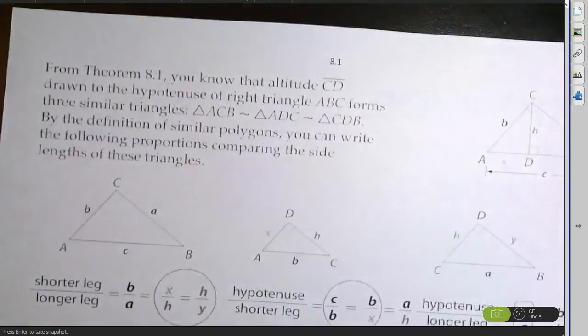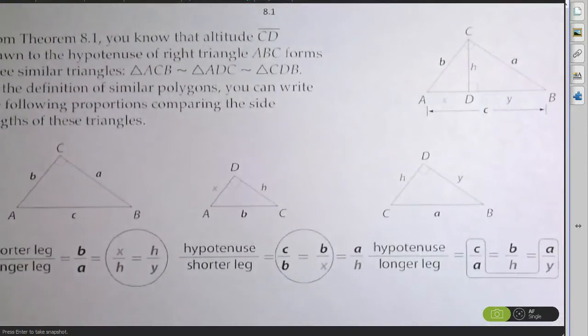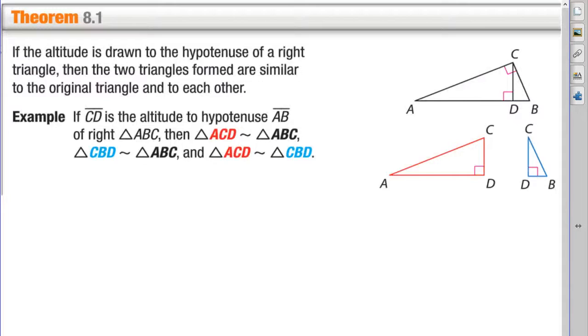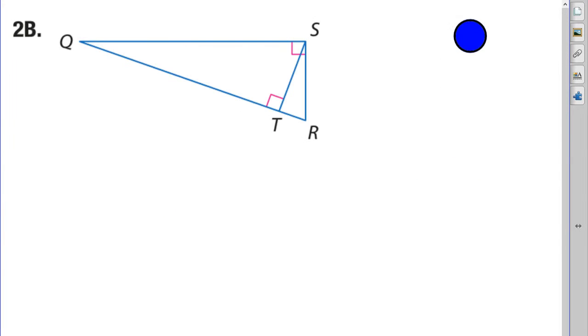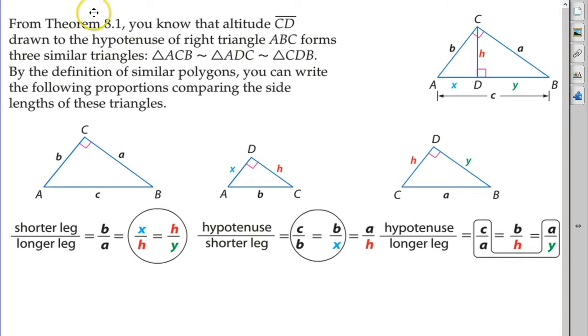Now, again, like I said, there are two theorems left. Basically how these work is that whenever you have, I'll go back to just the book's drawing here, these three triangles, again, ABC is the big one, ADC is the smaller one, and then CDB is the medium one.